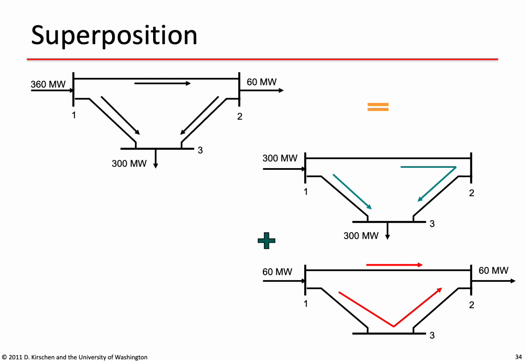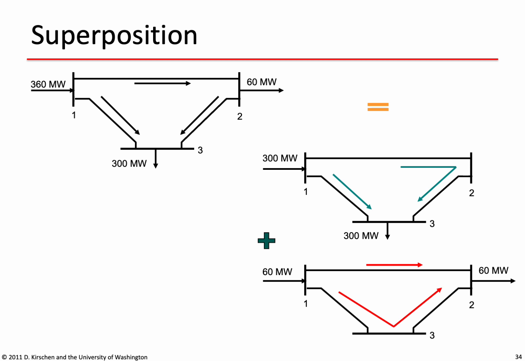So we're going to use superposition, so that means we're going to say that this overall pattern is the sum of the pattern that would result from injecting 300 megawatts at bus 1 and extracting 300 megawatts at bus 3, and an injection of 60 megawatts at bus 1 and extraction of 60 megawatts at bus 2.